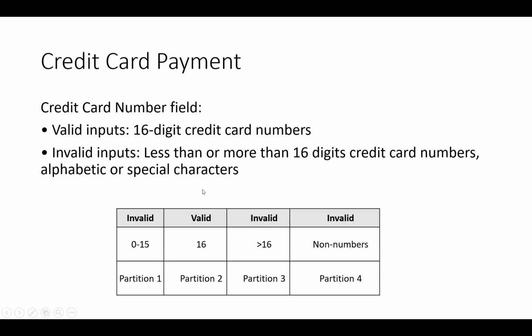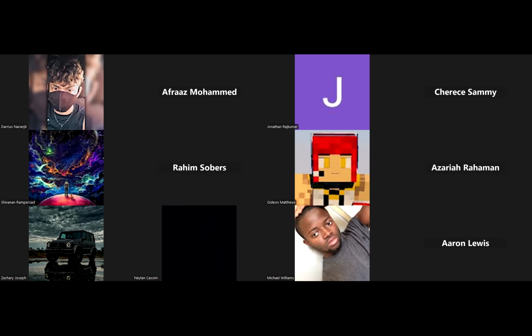The credit card number would only be valid if it was 16 digits. So this has 4 partitions we looked at. 16 digits is valid. Anything less than 16 is invalid. Anything greater than 16 is invalid. Also, if you have no numbers, if you're not using numbers, it's invalid. And then you put in your partitions. So very similar for your question. Let's go back to that.